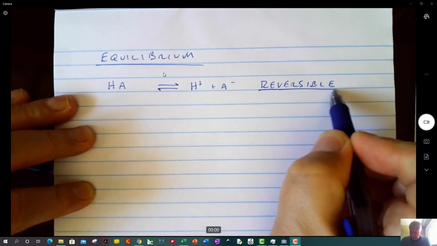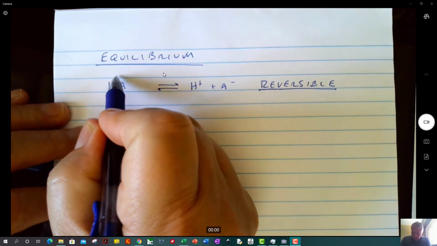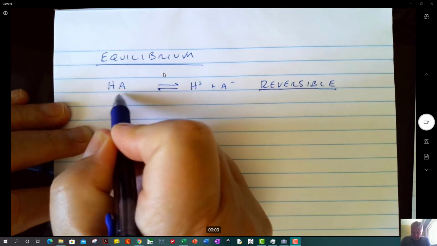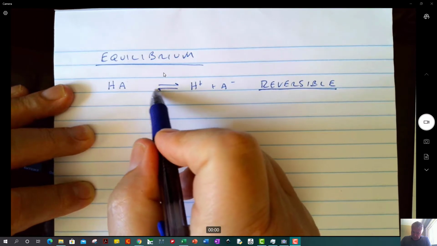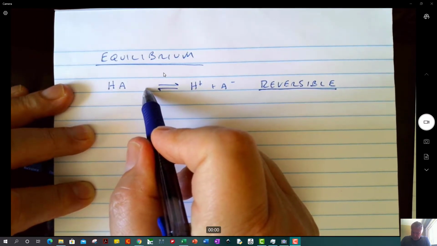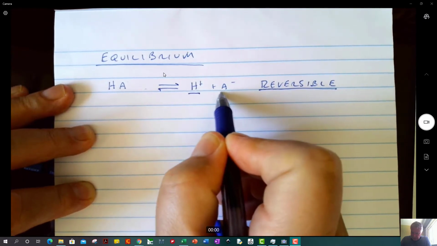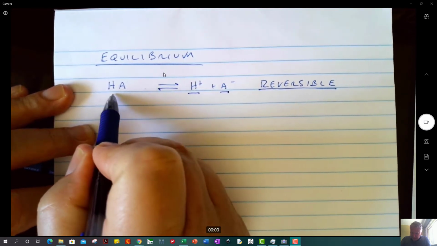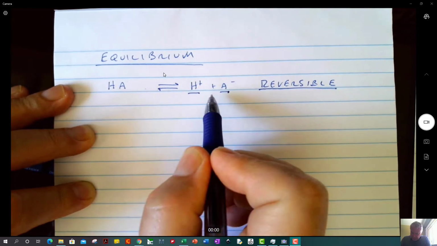What we mean by reversible is that, in a thought experiment, if we suddenly make a bunch of HA molecules appear in a solution, they will immediately begin statistically to distribute between H plus and A minus. So this will dissociate, and then that dissociation will reverse, right?